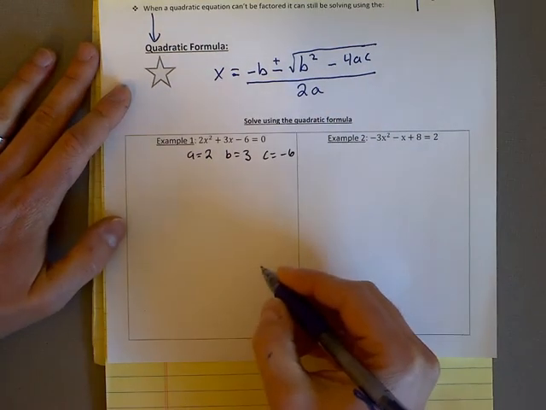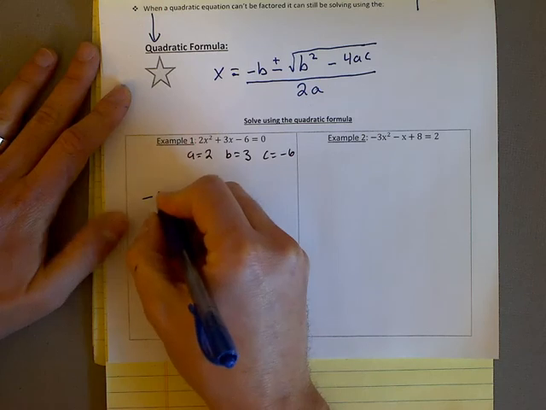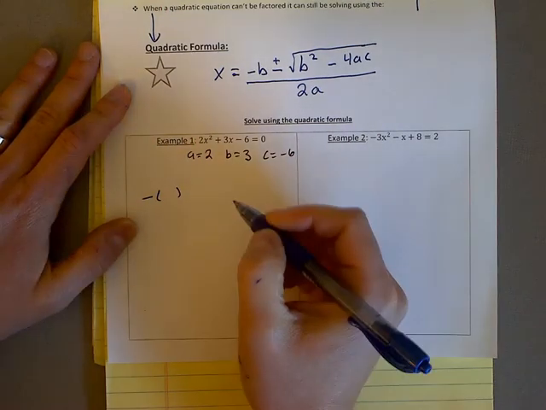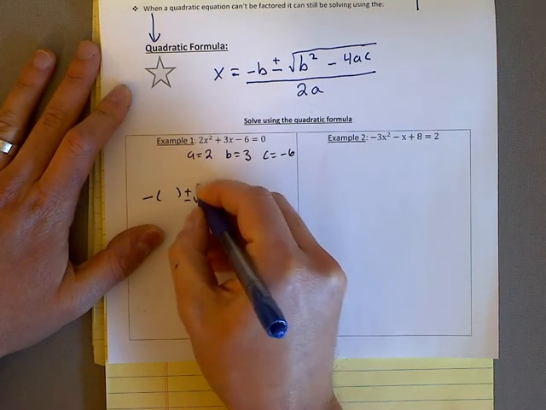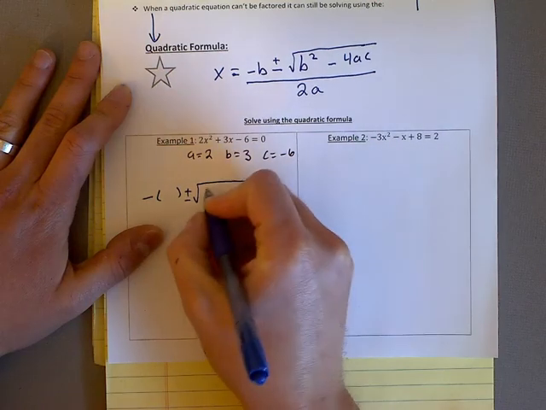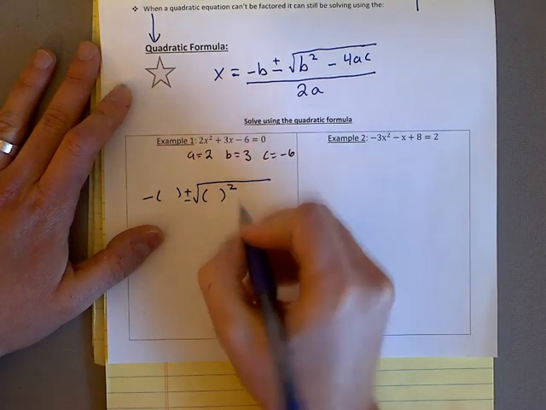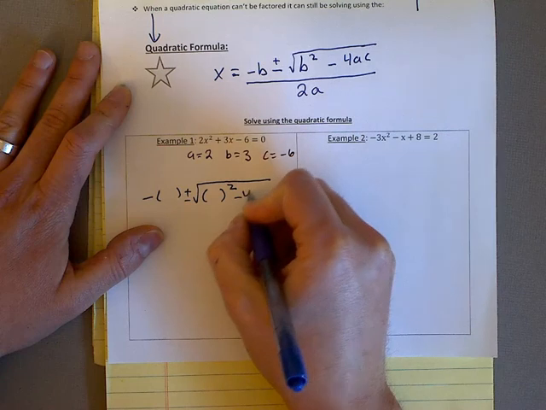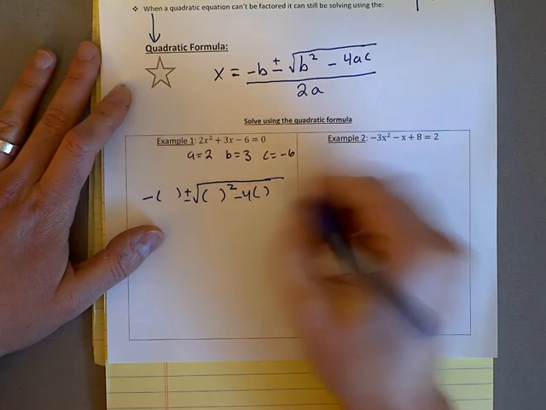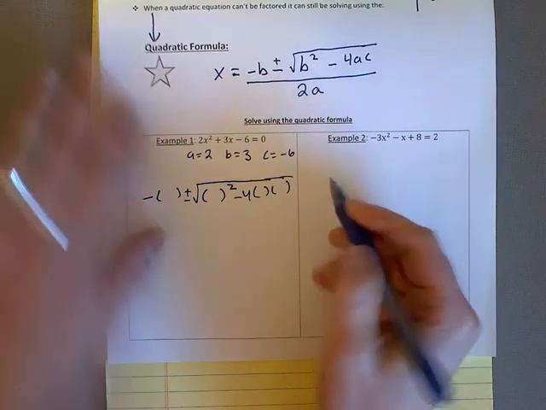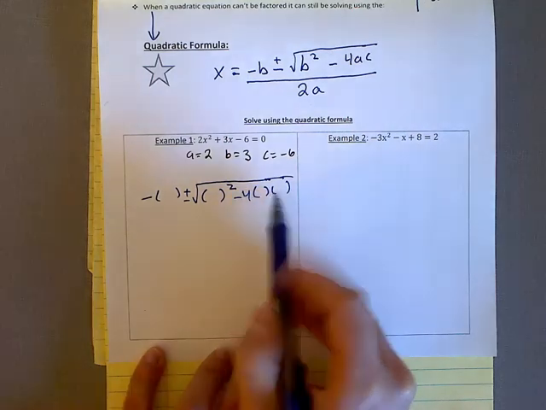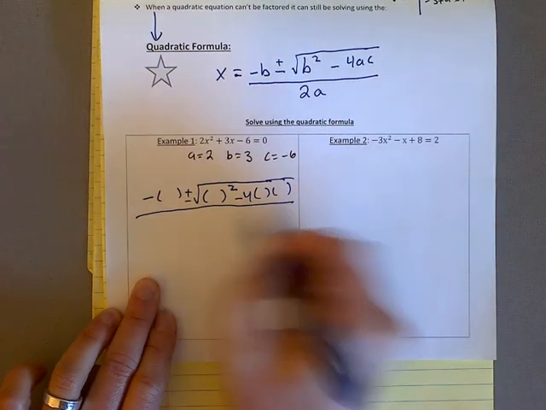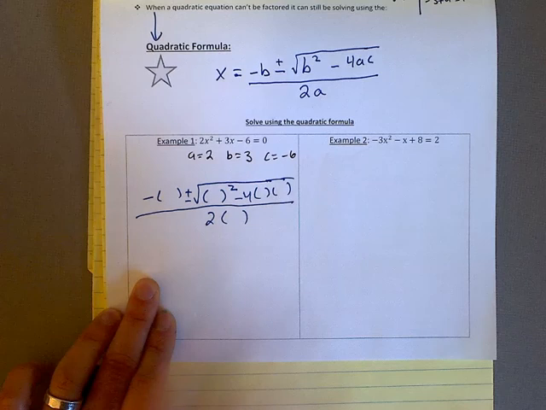So I'm going to write it as negative, put some parentheses where I'm going to put in the b value, plus or minus the square root, parenthesis squared, minus 4, parenthesis to show multiplication. So this is going to be the a coefficient and the c coefficient all over 2a.